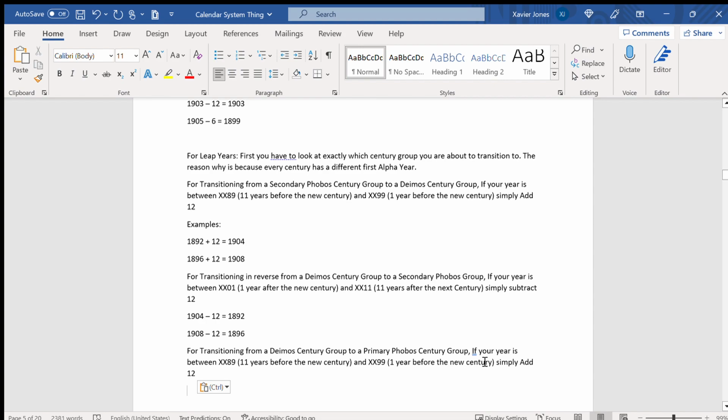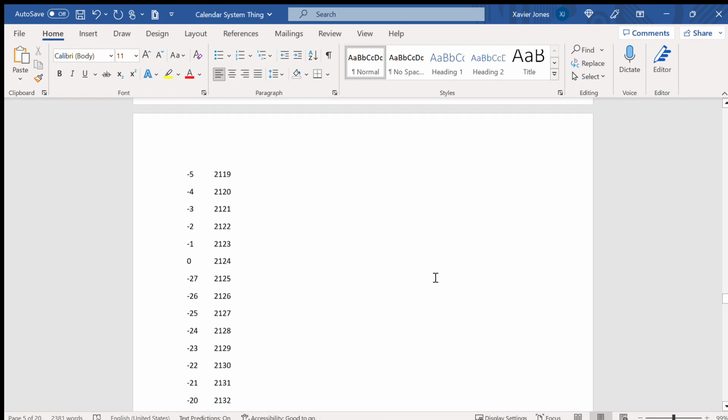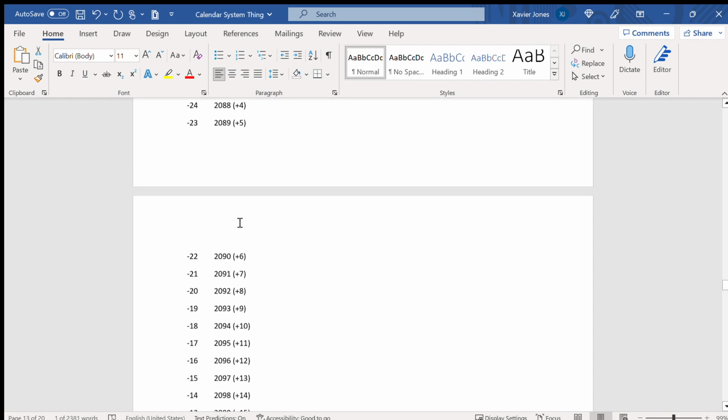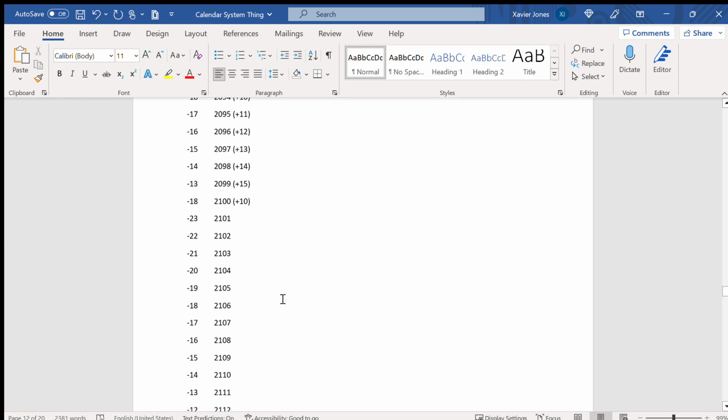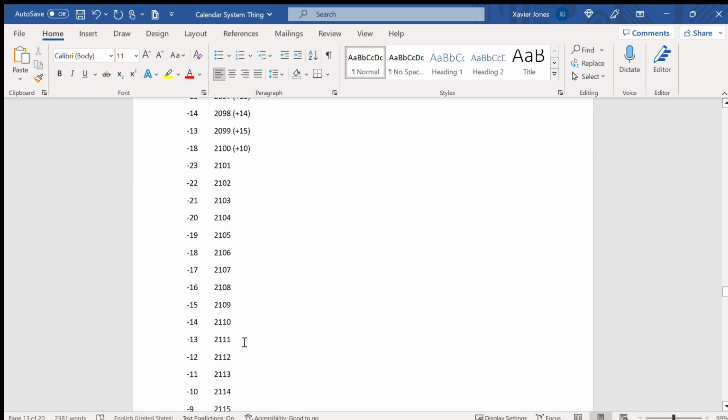Okay. And then let's take a look. So that would be from 2099. We have minus 23. So that goes all the way to 89 again. Oh, interesting. It goes down to 89 again. Huh. Interesting. And then this goes all the way down to minus 13, which is 11.